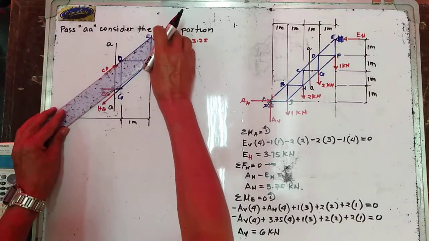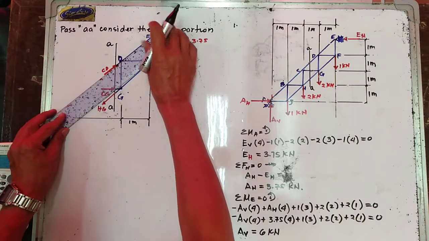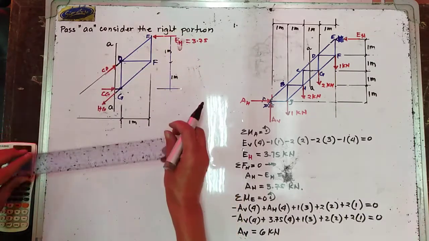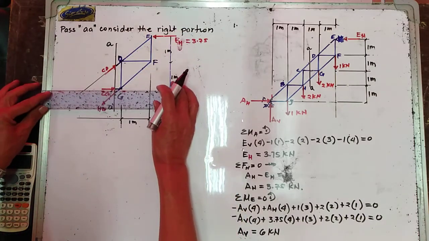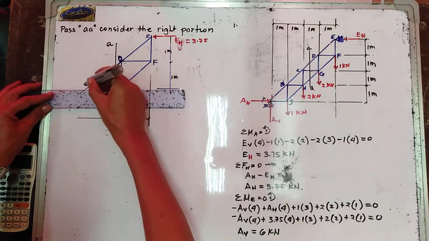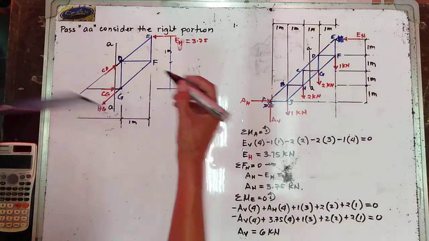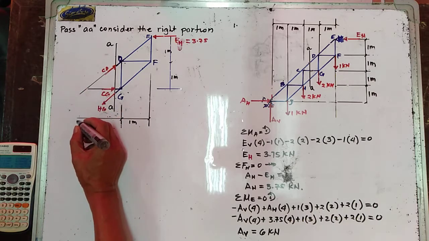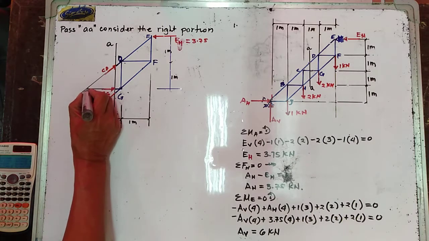Take note that if you prolong this one in here, and you prolong this one, they are going to intersect at point C.